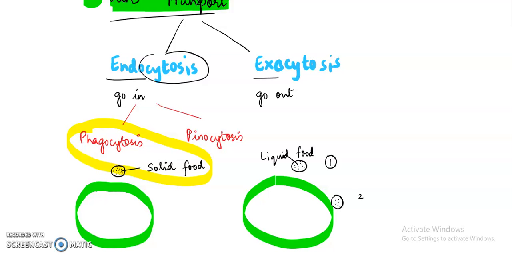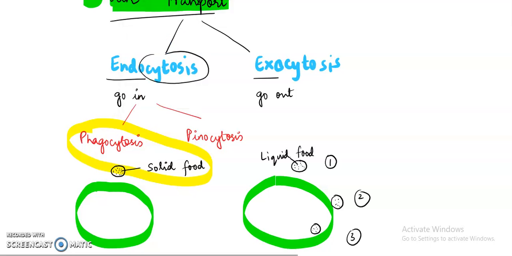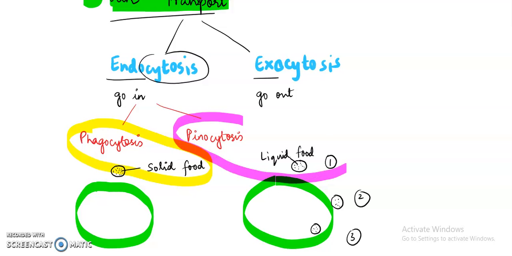In step number 3, it will go inside, right? So this food vacuole has to go inside. Whenever we are talking about liquid food, that means we are talking about pinocytosis. Whenever we are talking about solid food, that means we are talking about phagocytosis, right? The steps are almost the same, only the difference is in the consistency of the food.